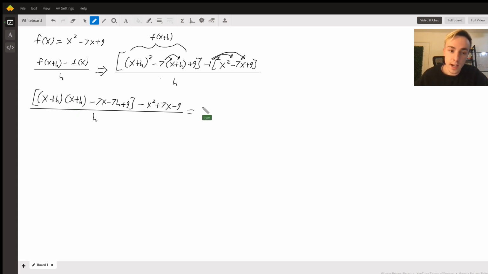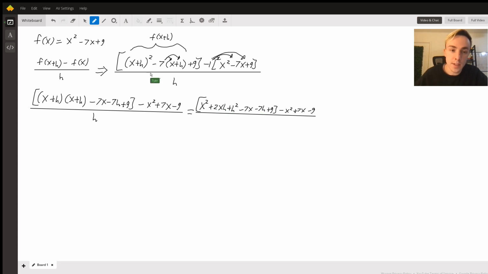So we can write this as x squared plus 2xh plus h squared. That's just this whole thing distributed out. Then we get minus 7x minus 7h plus 9. And we just have minus x squared plus 7x minus 9 on the end here. Okay.